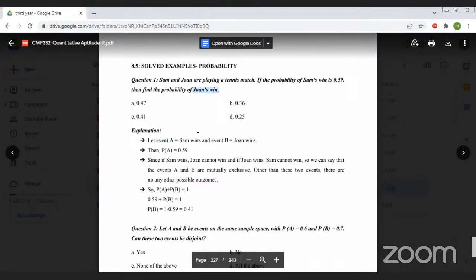So the formula for that is P of A plus P of B equals to 1, because the total probability is always equal to 1 and it is never less than 0. Don't forget about that. So your probability of B will be 0.41.